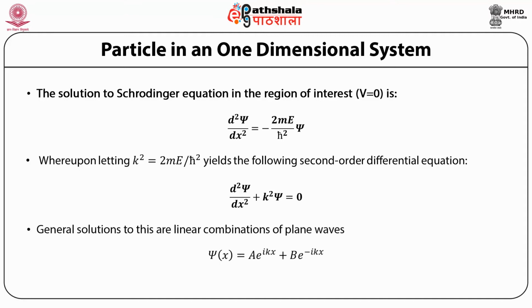So the general solution to this is a linear combination of plane waves, that is psi(x) equal to A exponential iota kx plus B exponential minus iota kx, where A and B are constant coefficients to be determined.